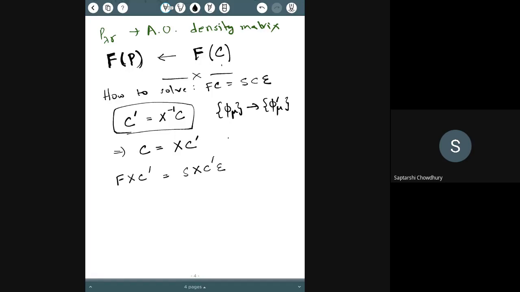Yes or no? Anyone? Are we diagonalizing? No, we're diagonalizing what? I'm asking, can you get some X which will remove the S from my equation? Do you think you can remove it?